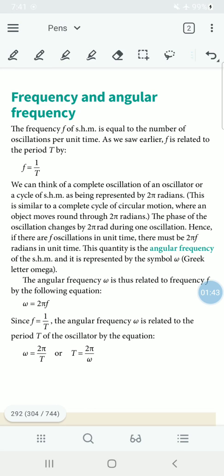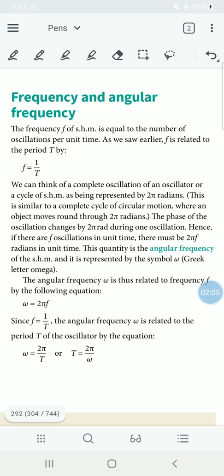So if you take a complete oscillation of an oscillator, for example a pendulum, you saw that simple harmonic motion can exist in a straight line.